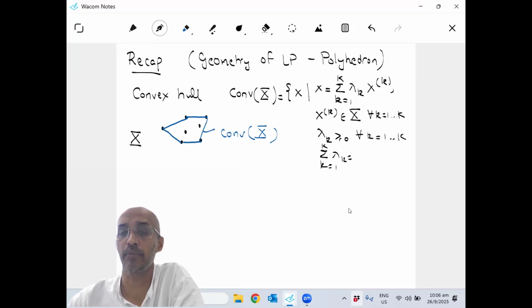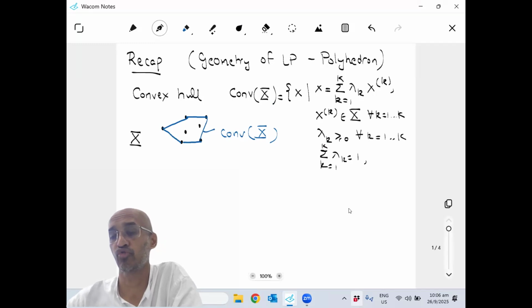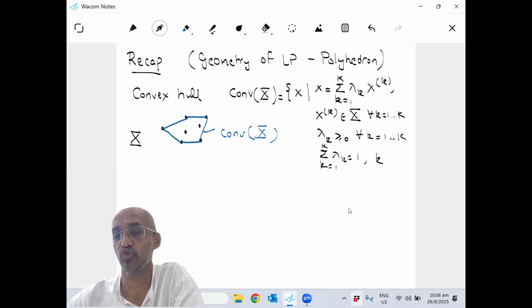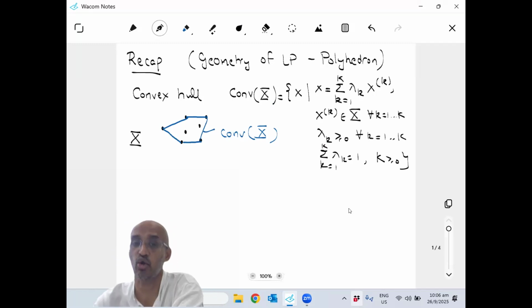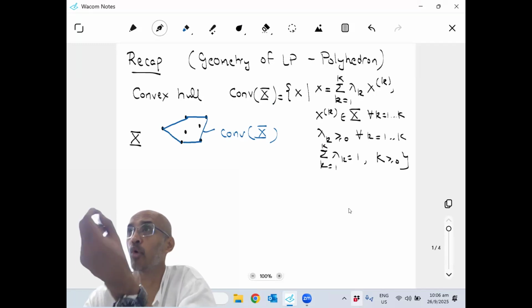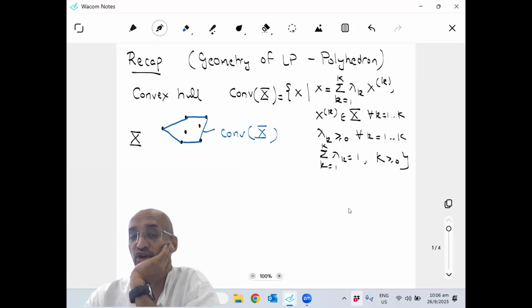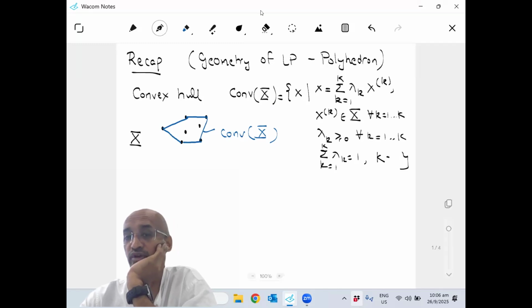You can choose any number of points basically. You can take any set of points in the set X, take a convex combination, and that gives a point. If you take the set of all convex combinations, that will look like this basically. So this should be k greater than or equal to 1. This is the definition of a convex hull.